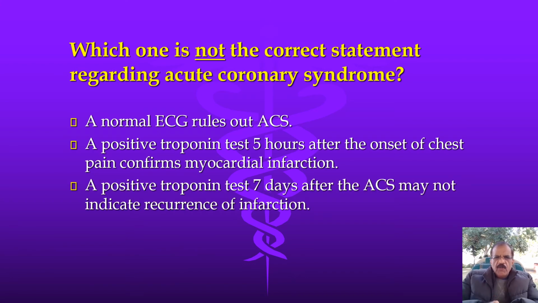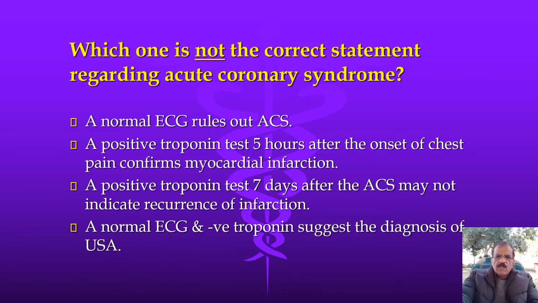A positive troponin test 7 days after the acute coronary syndrome may not indicate recurrence of infarction. A normal ECG and negative troponin test suggest the diagnosis of unstable angina. Which one is not? We are looking for the statement which is not correct.